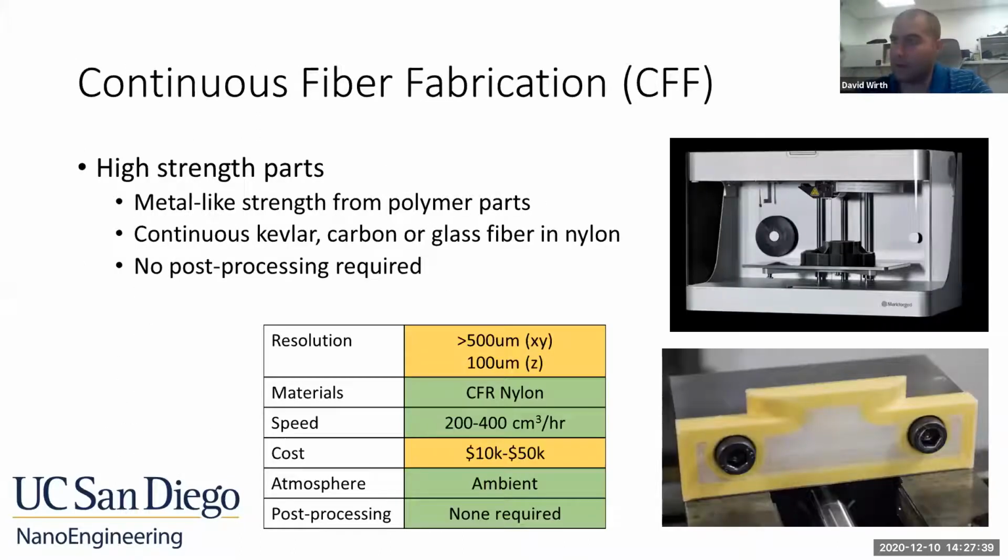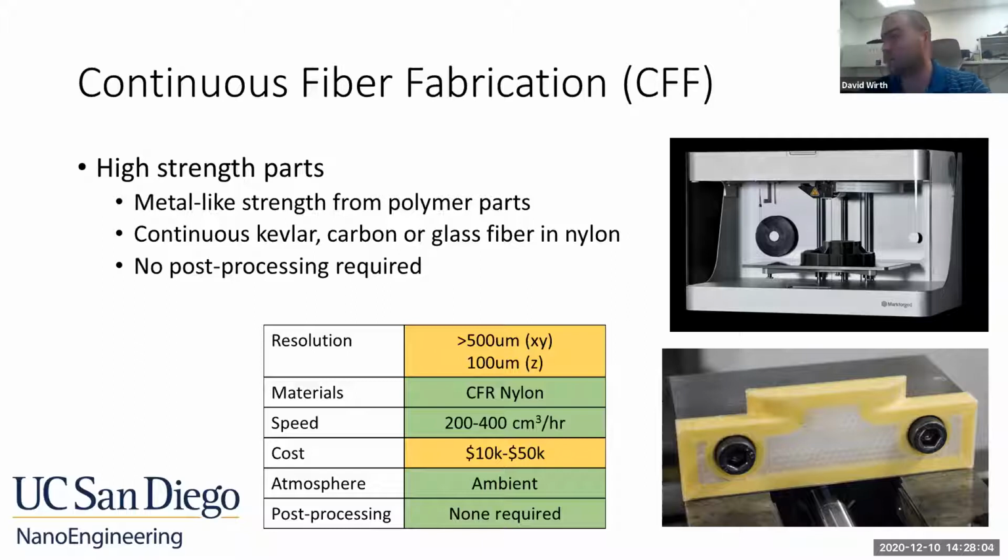So continuous fiber fabrication, this is a pretty similar technique to FDM. It's pretty much the same idea. You've got your heated hot end and you extrude things out. The only difference here is you're also putting this continuous Kevlar or carbon fiber filament into your print, and that dramatically improves the strength.